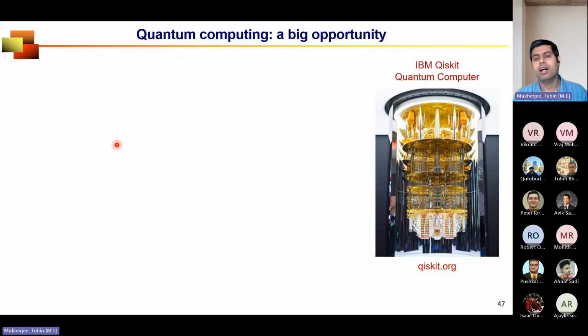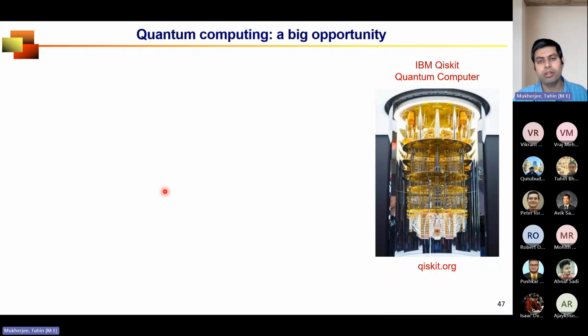Just imagine how many thousands of layers you need to deposit. How would you model deposition of thousands of layers? You need supercomputers. And when I say supercomputer, I am not talking about GPUs, I am talking about beyond that. I am talking about quantum computing.